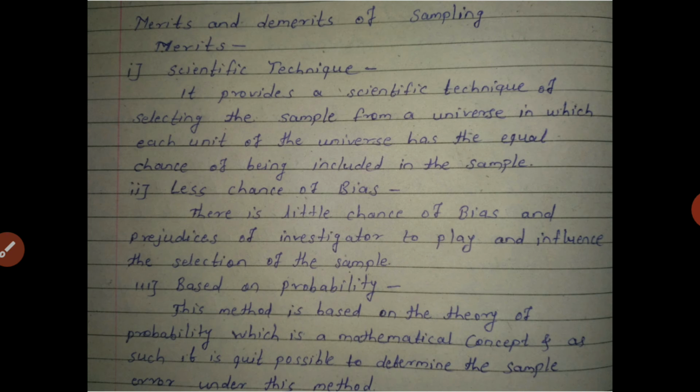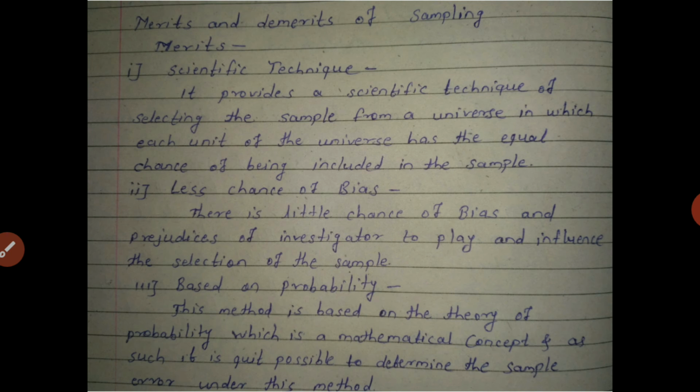So when we perform any experiment, when we get our entire population, then we need to select the samples randomly so that each and every individual of that population gets the chance of being selected. So this is a very scientific technique.